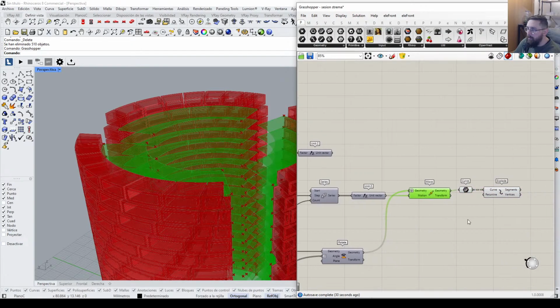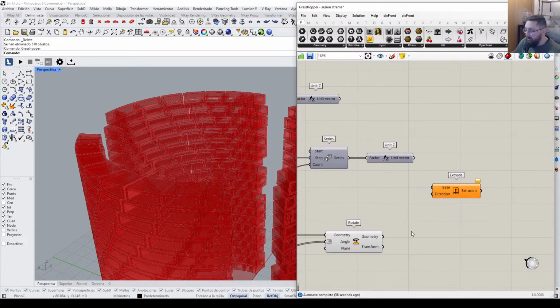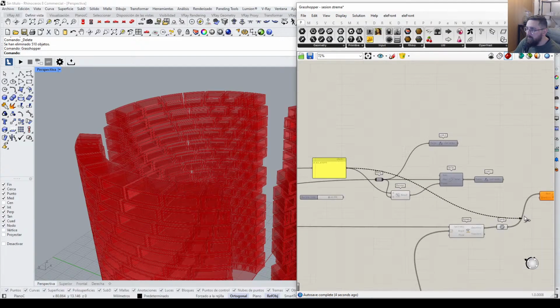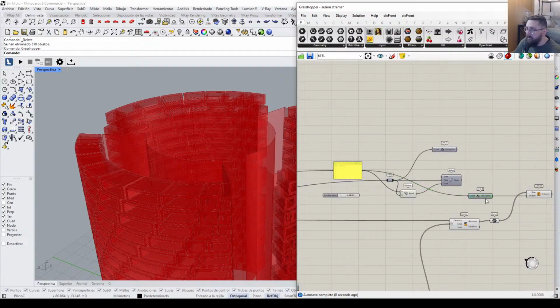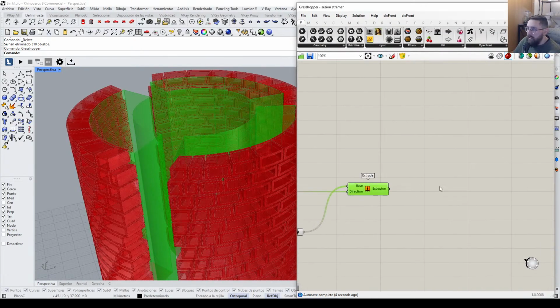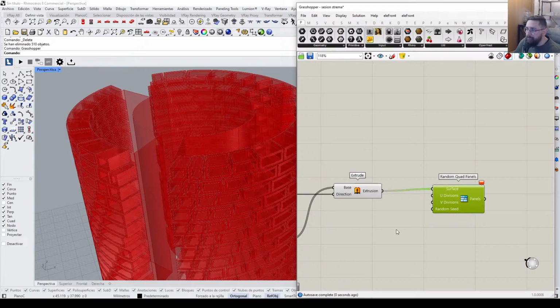I'm going to do this. Extrude. Curve. Let's extract the curves. There you go. I want to extrude this in the total height. It's going to be better. There you go. Okay. And then here I'm going to do panels, staggered, random quad panels. That's going to be better.